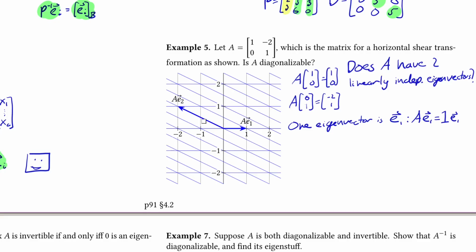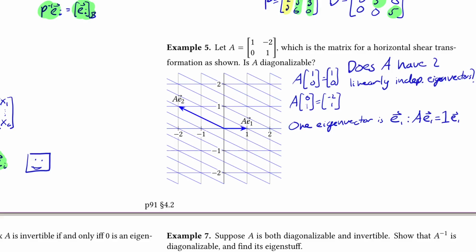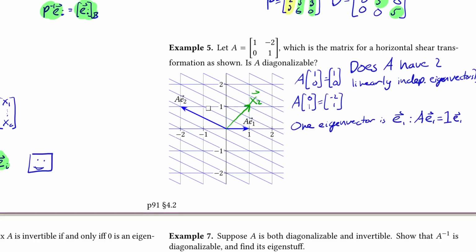Now, to get a second eigenvector that is linearly independent from e1, well, we don't want anything that's on the x1 axis, because then the second vector would make a dependent list. So something that's not on the x1 axis. So I don't know, something over here maybe, if that's your x2 vector. Well, A times this x2, just following what happens with the grid lines here, is going to be over here, which is not a multiple of x2.